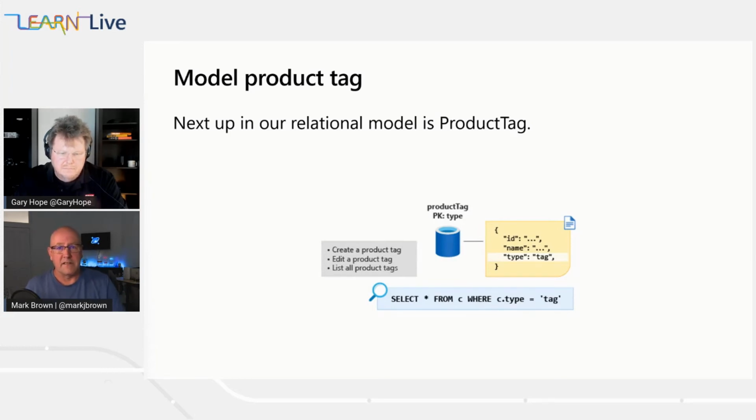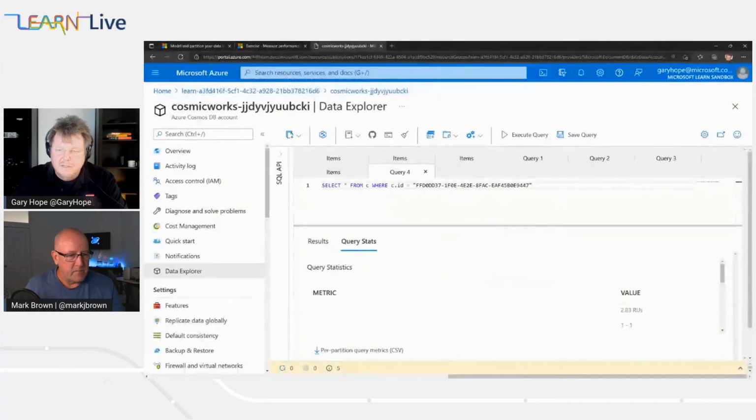So like in our product container, we're going to embed things like the category name and the tag names. If we ever change one of those, like a category name, we can use change feed to pick up that change and propagate it into the product container. So you get a lot of benefits, both on storage efficiency as well as being able to maintain referential integrity. So let's have a quick look at what that looks like in practice, Mark.